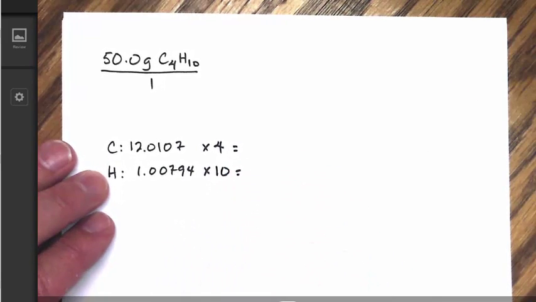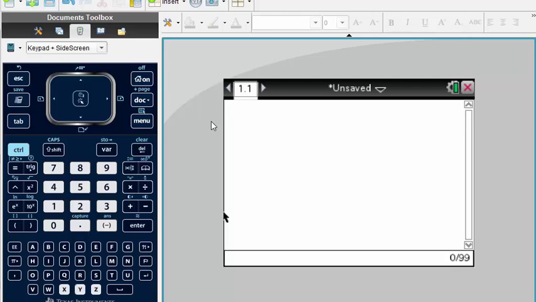We'll do that math. So 12.0107 times 4, and I get 48.0428.